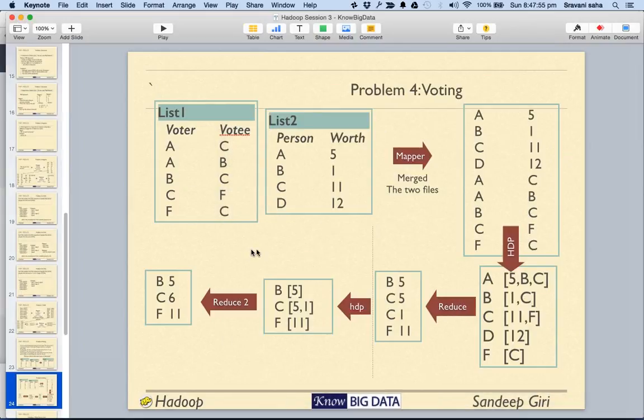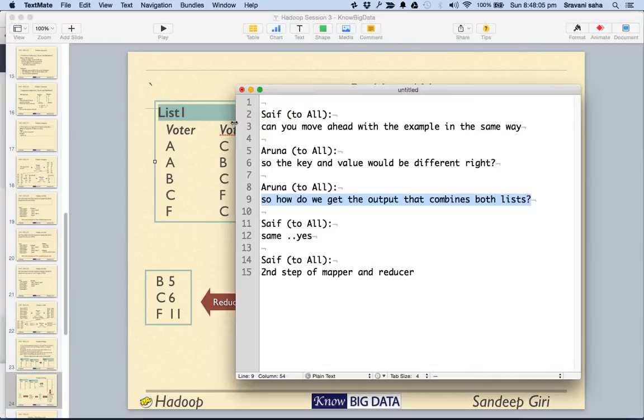So okay, all we need to do in our program is tell that our input is not a single file but a folder, and it will automatically concatenate the two lists. In your map program, you will go through line by line and figure out how to represent the value.